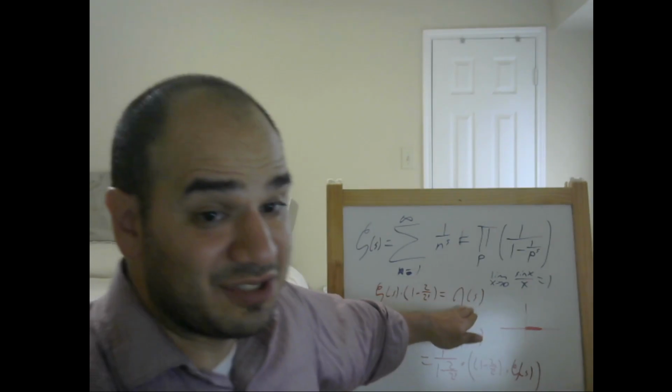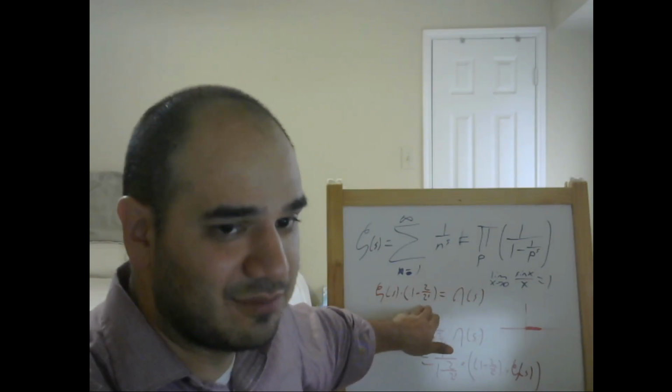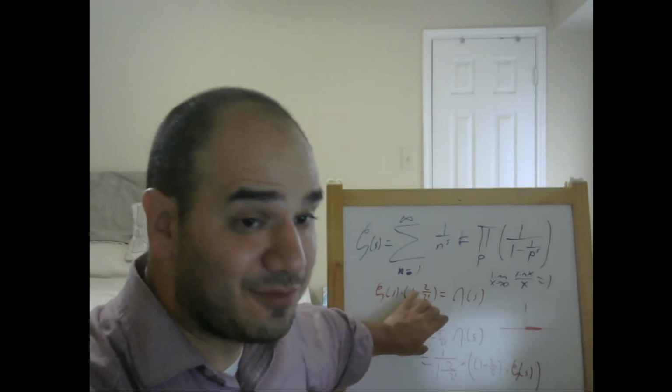So just substituting, right? Over here we had eta of s equal to zeta of s times 1 minus 2 over 2 to the s. And then we got this form from it.